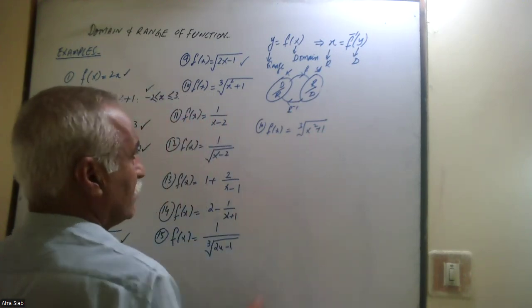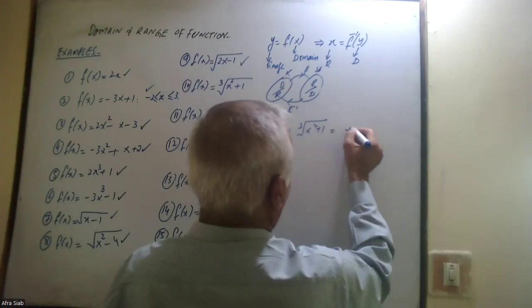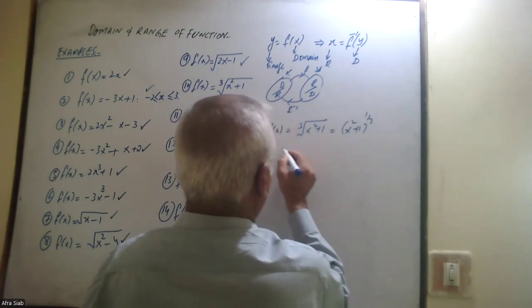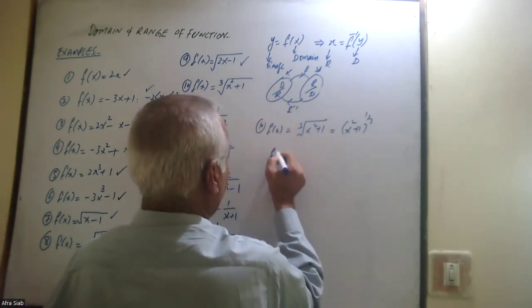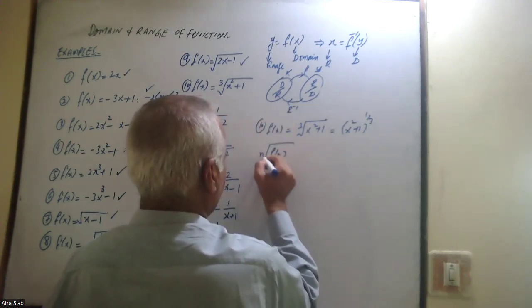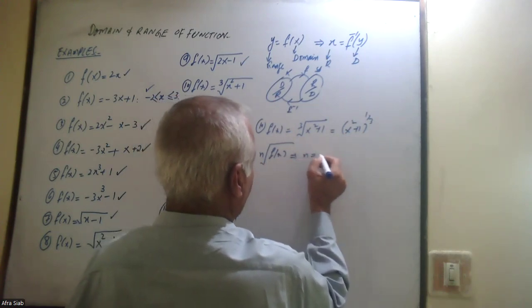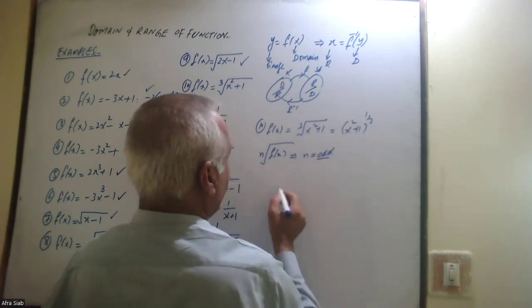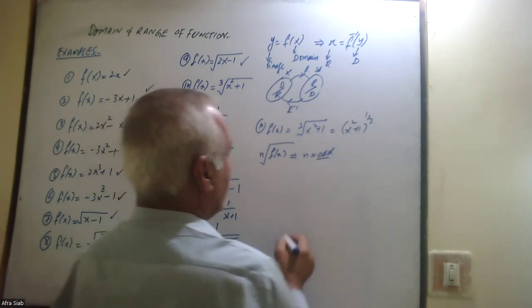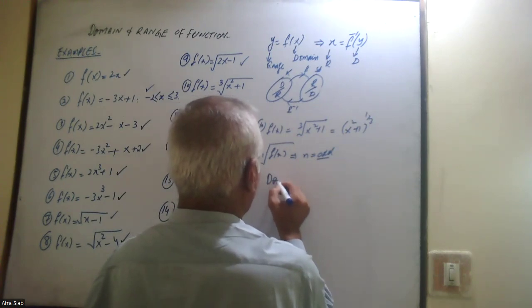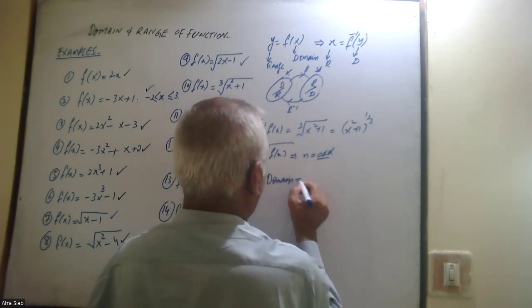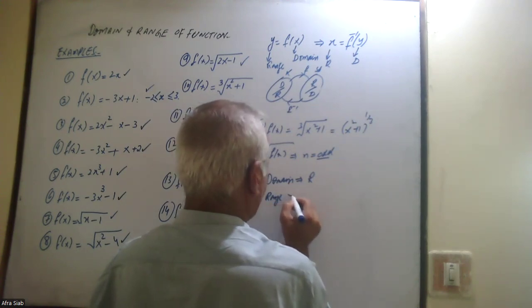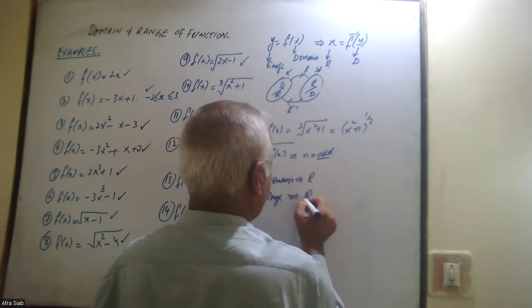So this can be written in the form of (x squared plus 1) power 1 by 3. So we know that if it is f of x power 1 by n, where n is an odd number, which is 3 here, then for this cubic root graph, the domain always belongs to real numbers and the range also belongs to the real numbers.